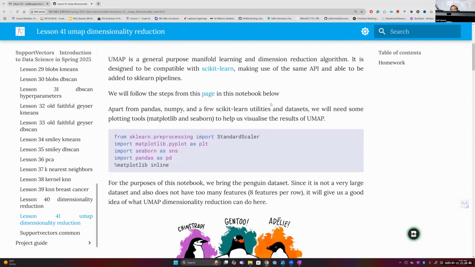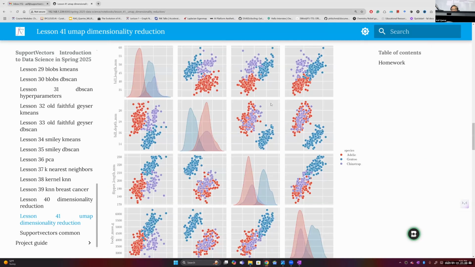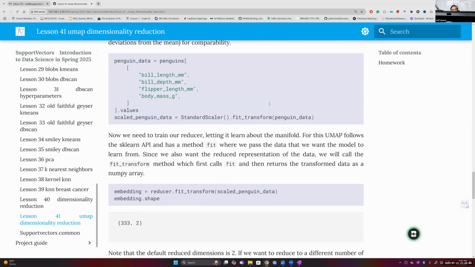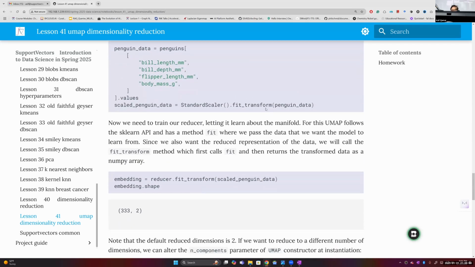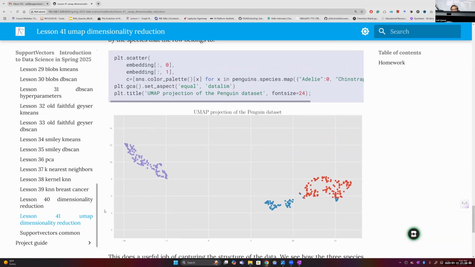Another one I mentioned to you are nonlinear dimensionality reduction methods. These are 3 species of penguins. I leave it as an exercise for you to do a PCA on it and see how successful it is. But we'll use a nonlinear dimensionality reduction called UMAP.